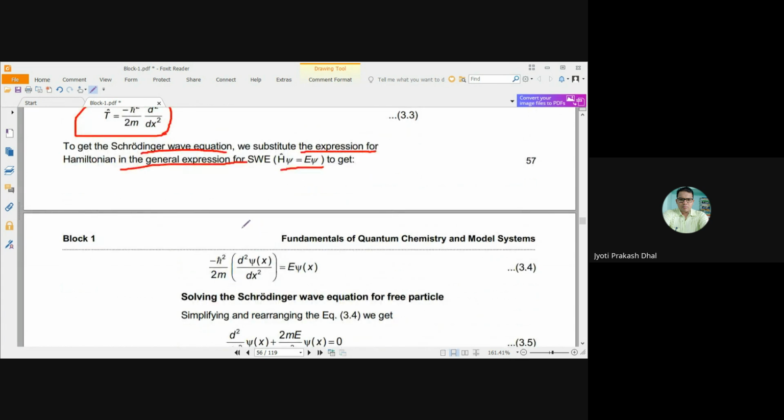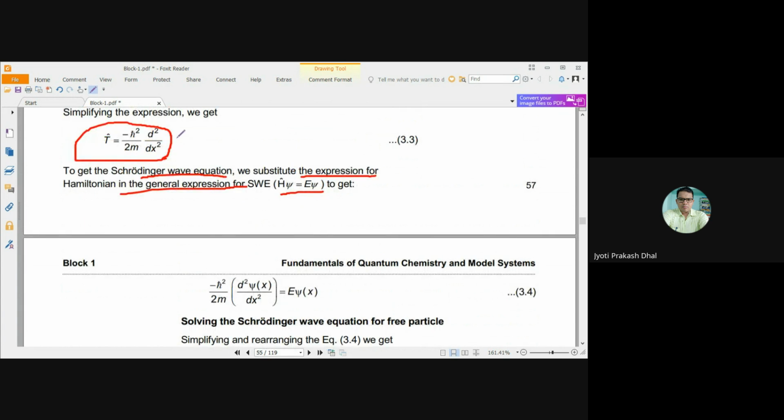Here, in place of the Hamiltonian operator, that means the total energy operator, you have to put the kinetic energy only, because here we have considered the potential energy V(x) of the particle along the x-axis to be equal to 0, and hence the total energy equals kinetic energy.